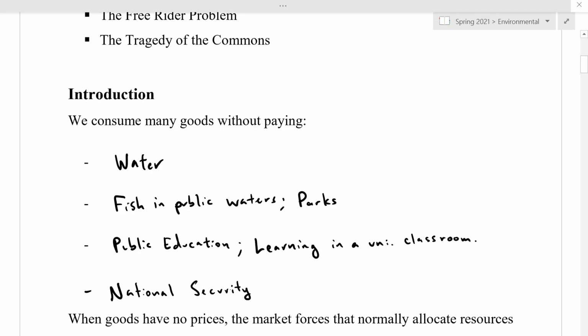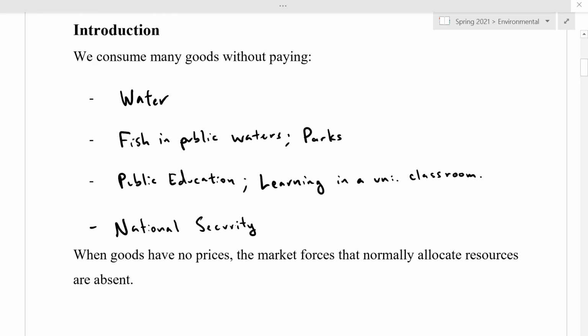If I don't pay my taxes, they can't tell me, oh, okay, well, we're not going to protect you if some other hostile country comes and invades, but we'll protect everybody who paid their taxes. That's not how it works. So national security and even local security as well. If I call 911, somebody's going to come figure that out. They're not going to ask me first if I paid my city taxes. So these are some examples of goods that we consume without paying.